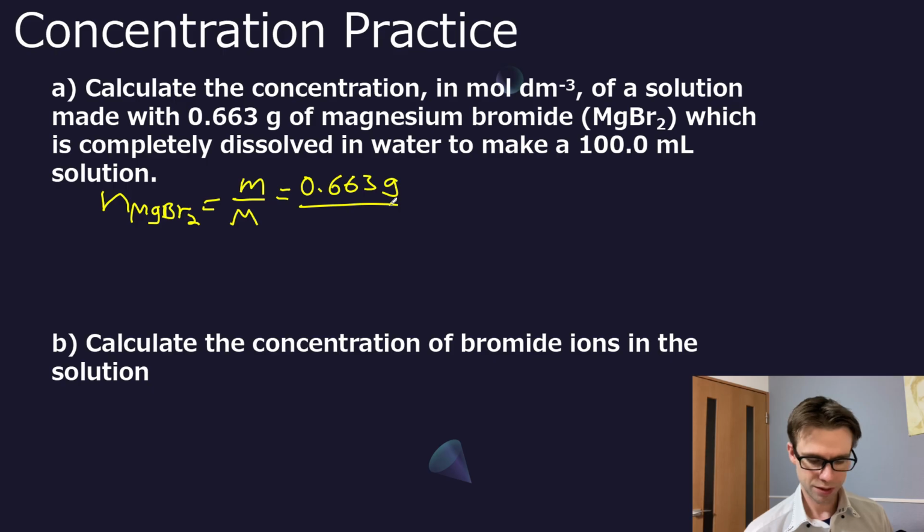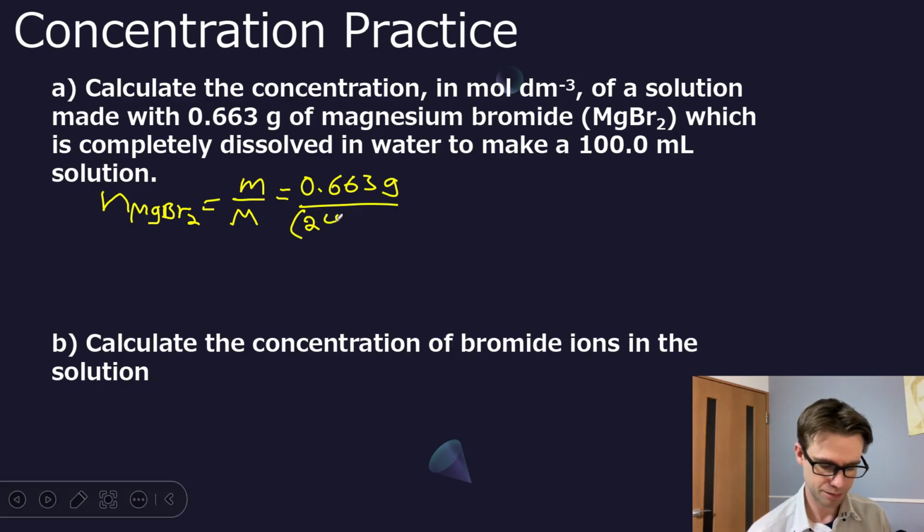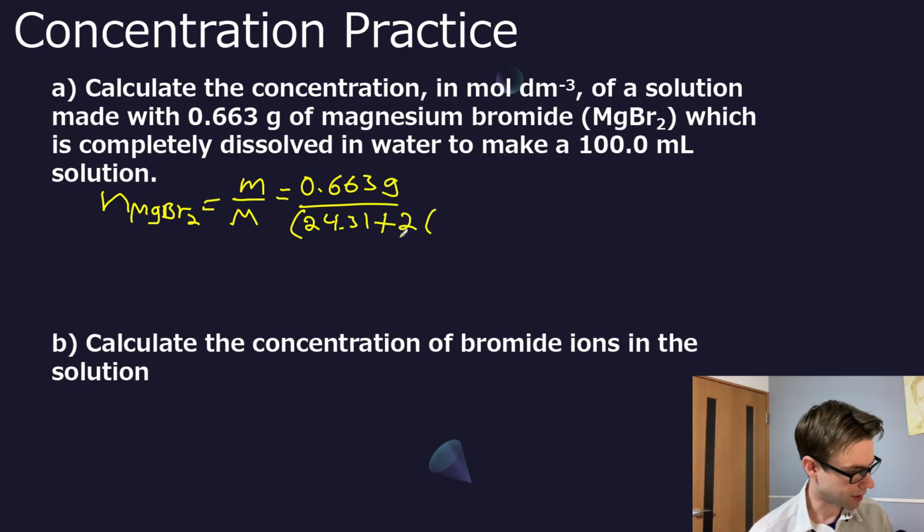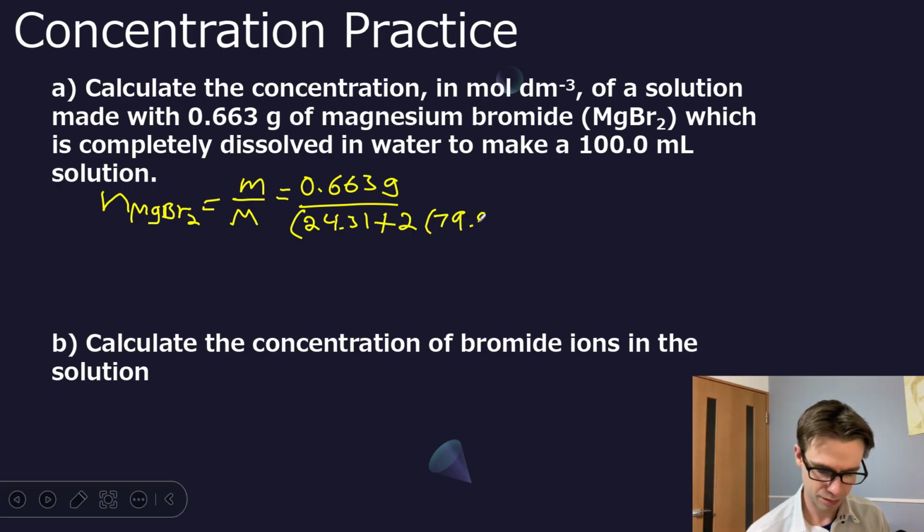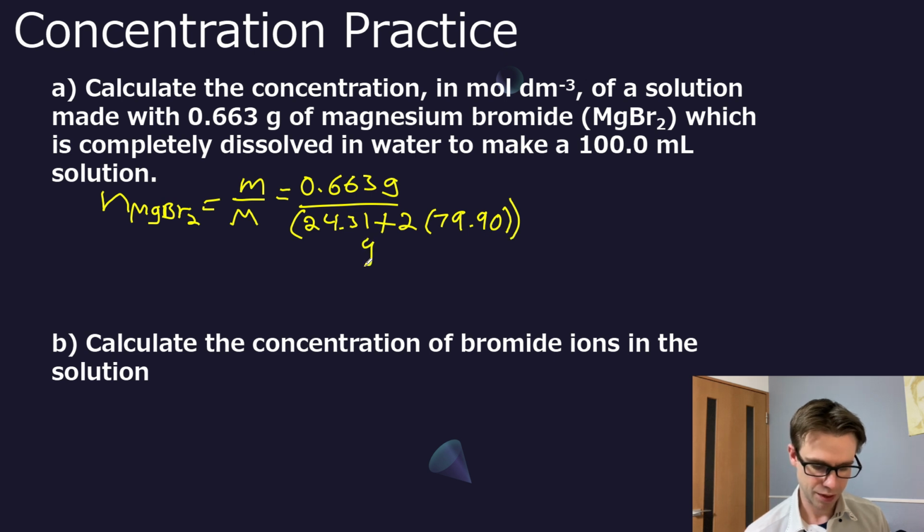The molar mass, you would have to go find magnesium and 2 bromines. So magnesium, I think, is 24.31. And bromine, 2 of those at 79.90 each. Okay, and these will be in units of gram per mole on the bottom.